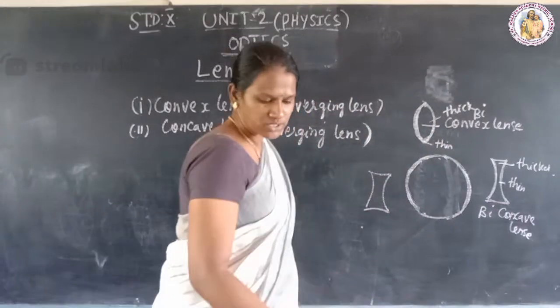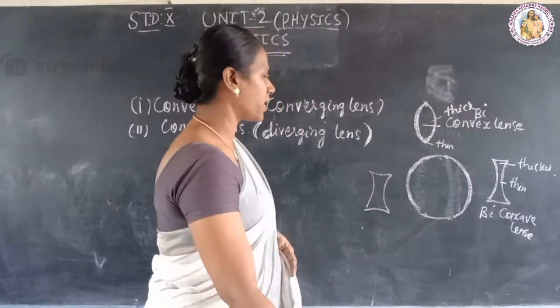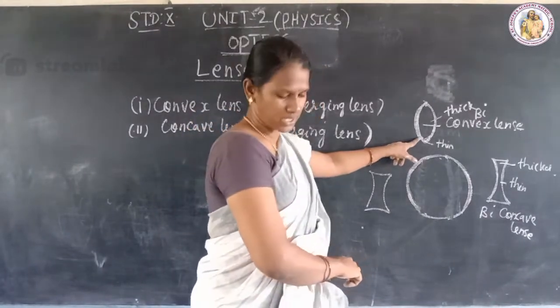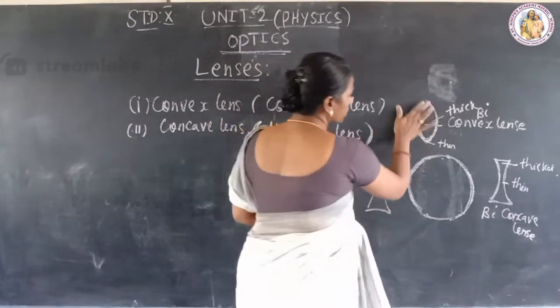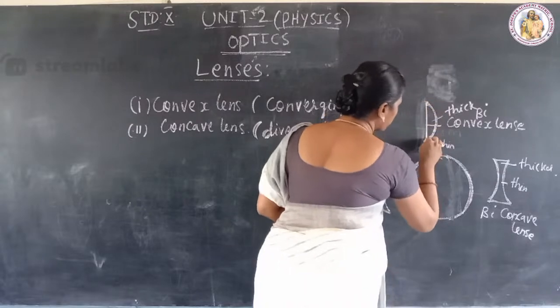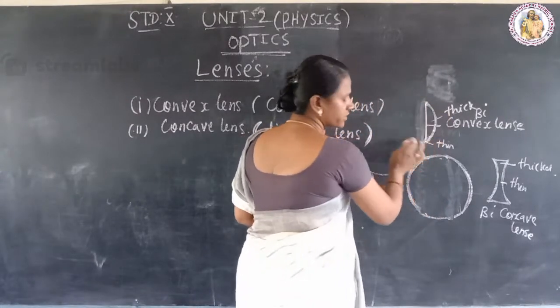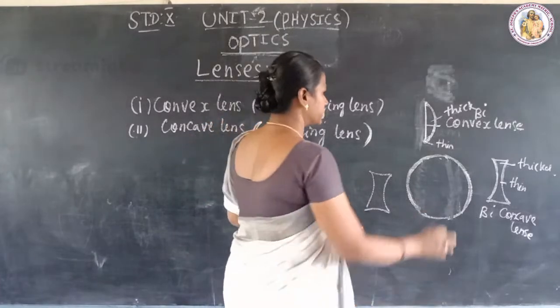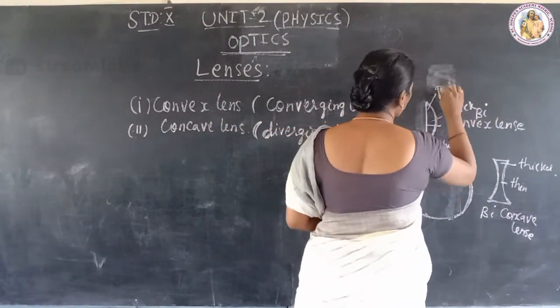And what is meant by a plano-convex lens? A plano-convex lens means one of the faces of a biconvex lens is plane.